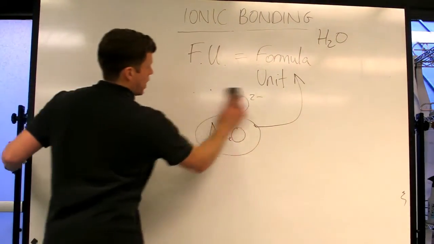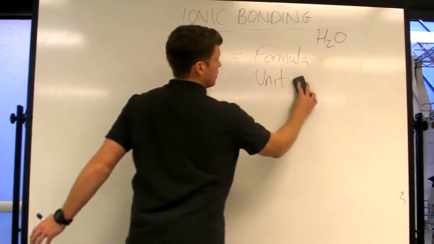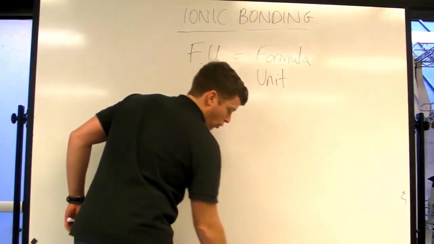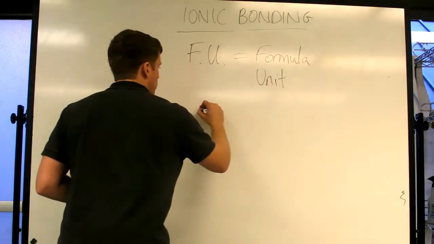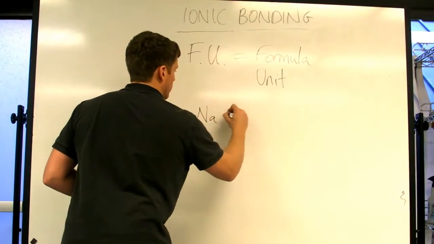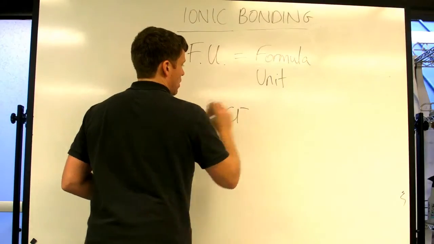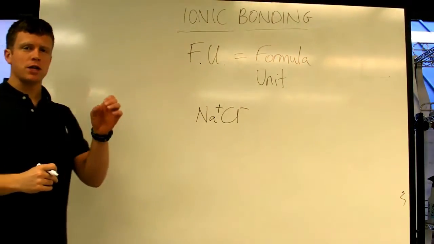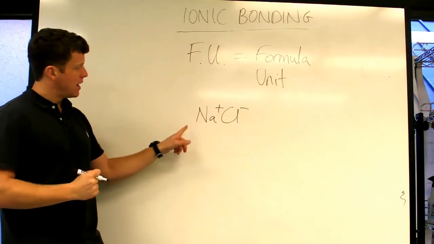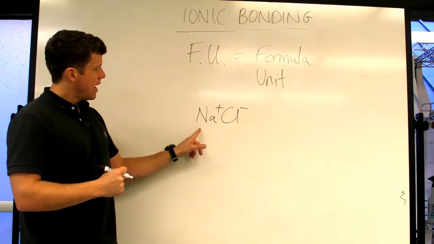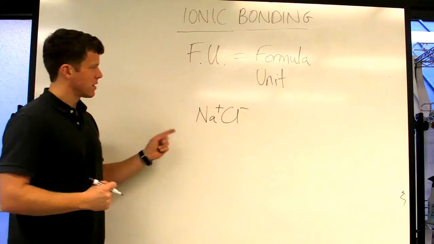So why is it that we call ionic solids formula units? Well, if you think about sodium chloride, if you take a sample of sodium chloride, it looks like small white crystals. And what you actually have in an ionic solid is lots of these things, right?